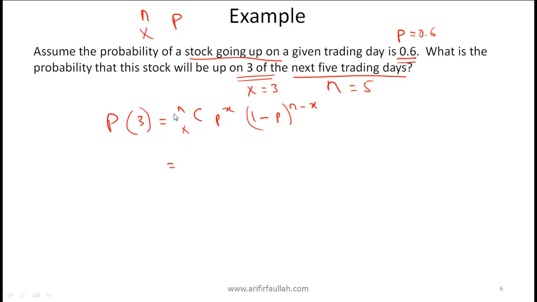Let's plug in. n is 5, so we have 5C3 times the probability of success, 0.6, to the power of 3, times 1 minus p, which is 0.4, to the power of 5 minus 3, so that's 2. You can do the calculations and the answer that you should get is 0.3456.